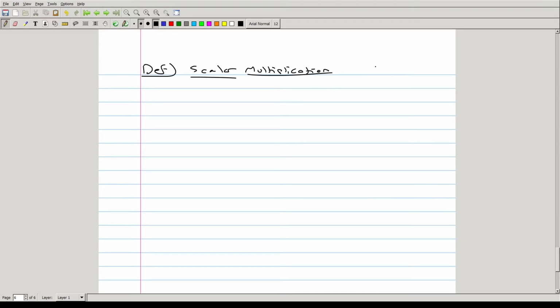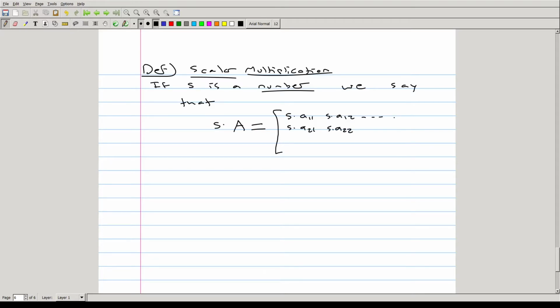The idea here is that if s is a number, we say that s times the matrix A is the same thing as s times A11, s times A12, s times A21, s times A22, and so on and so forth.